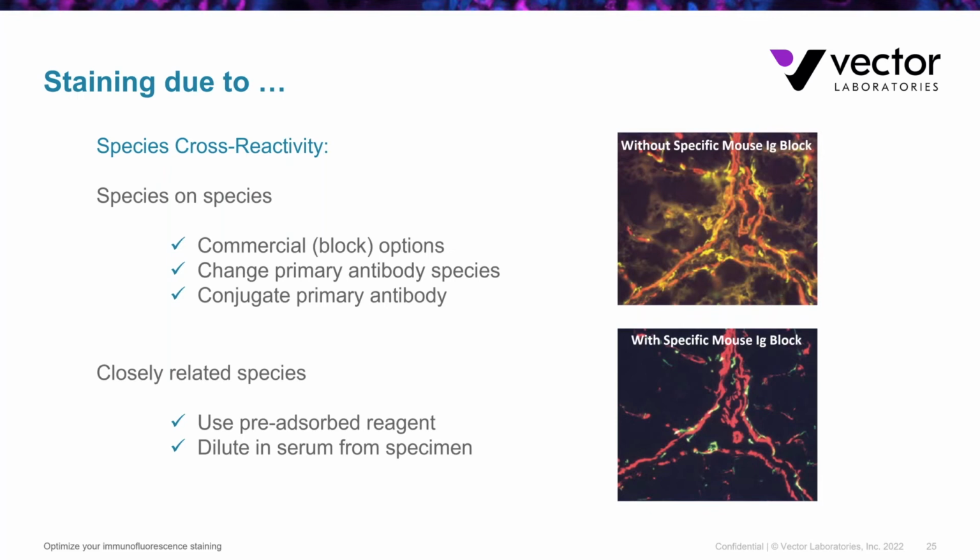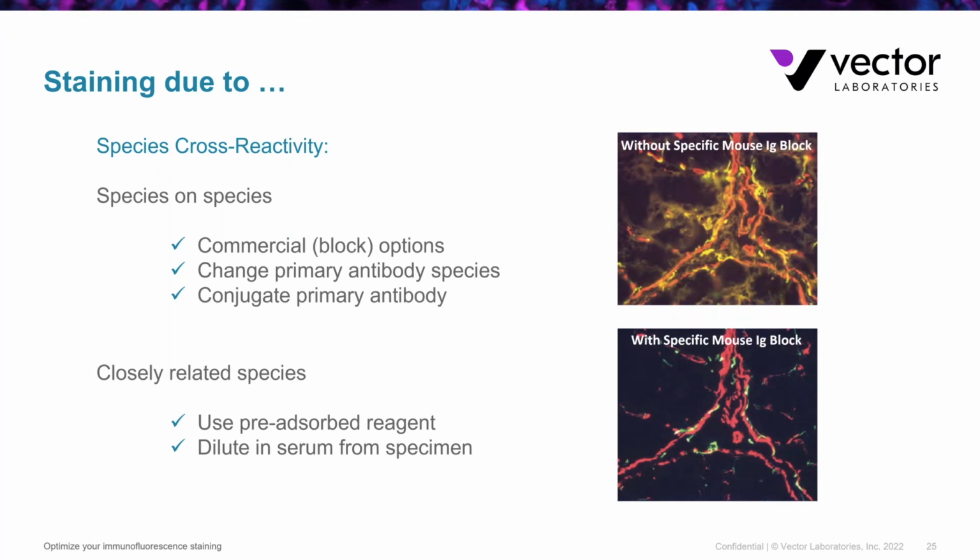Closely related species, so if you do see background when you're applying, say, a rat primary antibody onto mouse tissue and detecting with an anti-rat secondary antibody, you may see some degree of cross-reactivity. I would recommend looking for a pre-adsorbed secondary antibody.